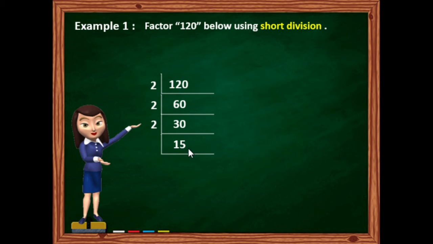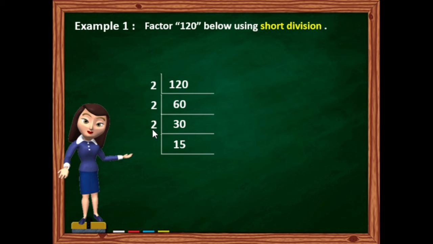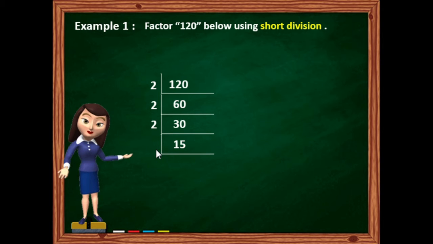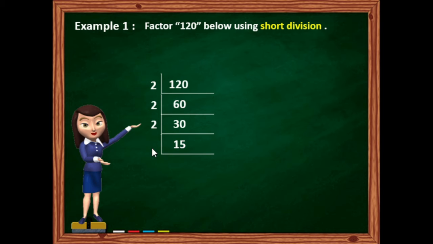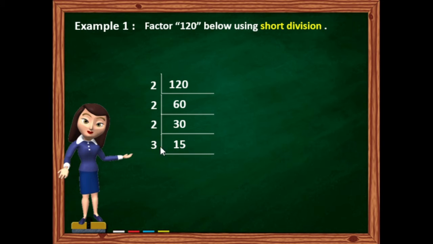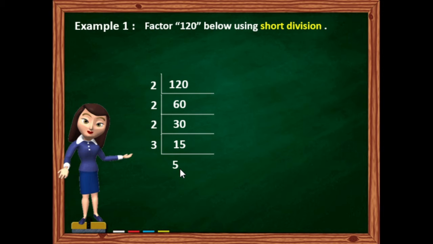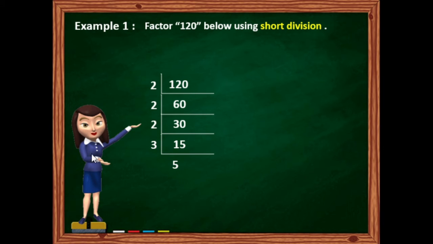Can we divide 15 with 2? No, we cannot. How about 3? Can we divide 15 by 3? Yes, we can. So, let's write 15 divided by 3 and we get 5. There is no number that can divide 5 already, so we stop until 5.